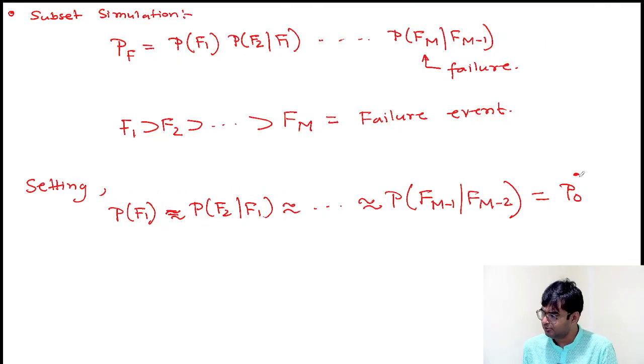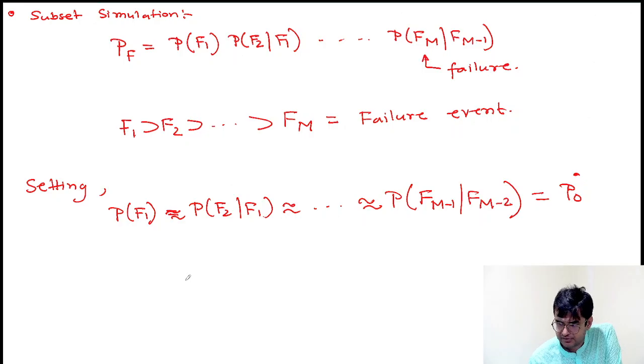The standard value of this p naught is 0.1 or 0.2. It's a hyperparameter, you need to check for your problem what value of p naught works, but generally it has been observed that 0.1 or 0.2 are reasonable values.